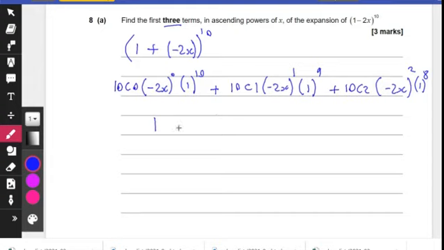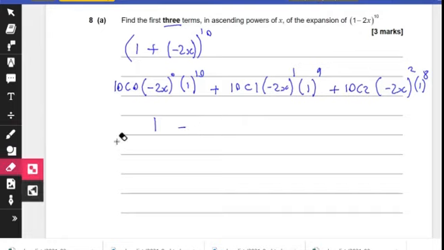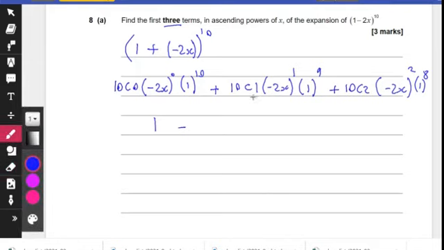Next bit, we get minus 2x. Oh, wait, no, that's a lie. Sorry. 10 choose 1 is going to be 10, and then you've got minus 2x, so that's going to be minus 20x.